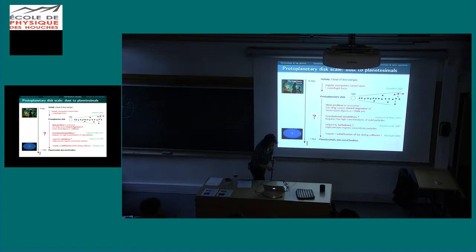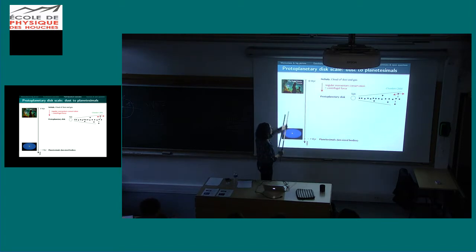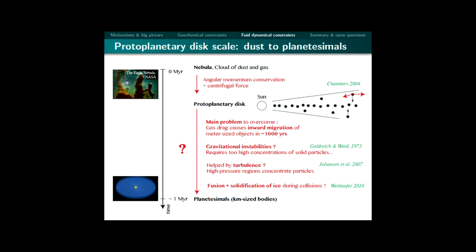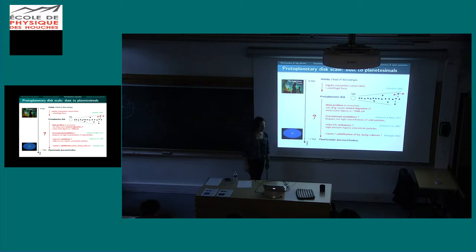Okay, so now, how do you go from this disk of dust to kilometer-sized objects? That's actually something that we don't really know the answer to, to the best of my knowledge. It's very debated. We don't have any clear, simple mechanism to go from dust to kilometer-sized objects. Those objects are too small for gravitational interaction to be effective.